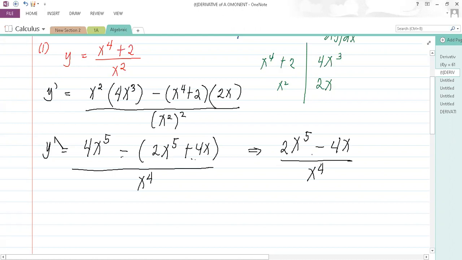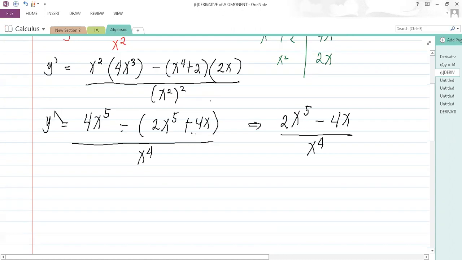Okay, or we can simplify actually this further. So pwede pala natin itong isimplify. That is y prime, meron tayong like term na x. Sa numerator, labas natin yung 2x. Okay, so ang matitira na lang is x raised to 4 minus 2x multiplied mo siya sa 2 para maging 4x. Okay, over x raised to 4.